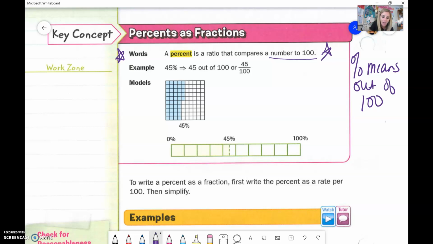If I have 45%, that means 45 out of 100, or it means 45 hundredths. Taking a look at the model, you can see that 45 are shaded in out of the hundreds group, which gives you 45 hundredths.